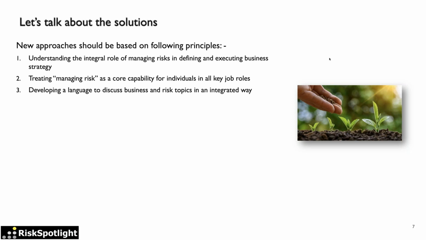Then developing a language to discuss business and risk topics in an integrated way. And this is where, as a risk community, we want to be careful how much of the risk language a first line individual has to learn. We want to minimize that as much as possible, because risk is then an alien language for the first line. They are used to the business language in terms of market share and customer churn and increasing revenue and launching new products.